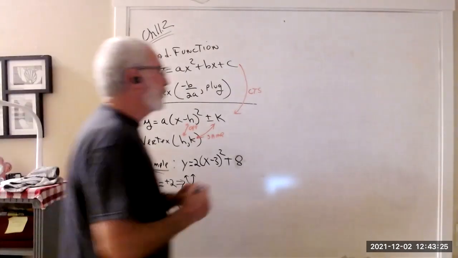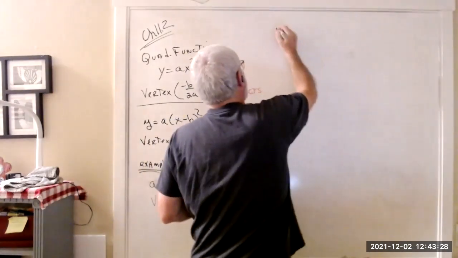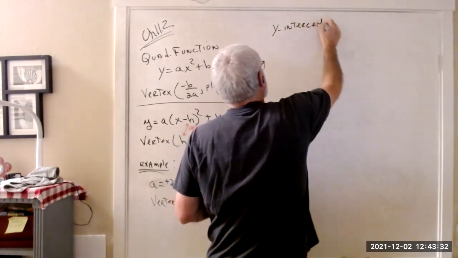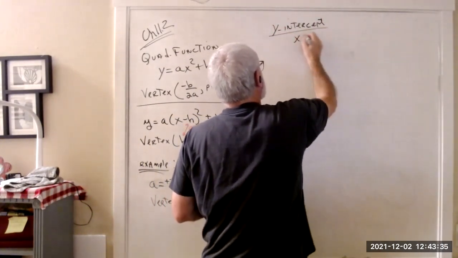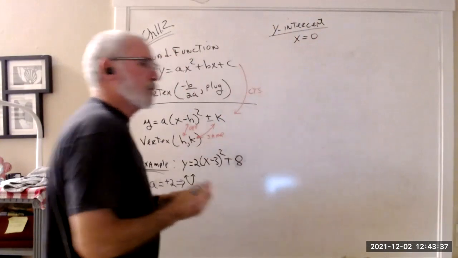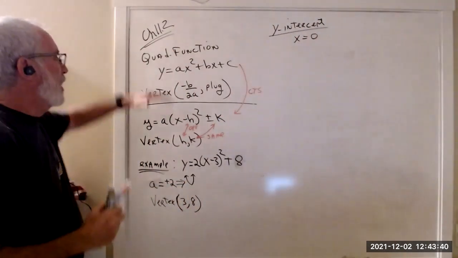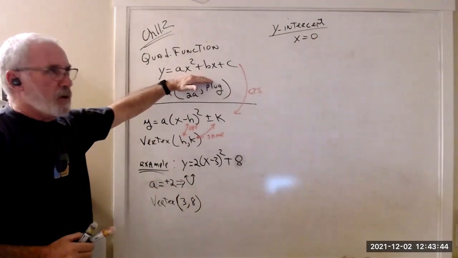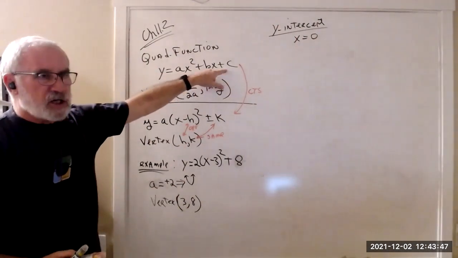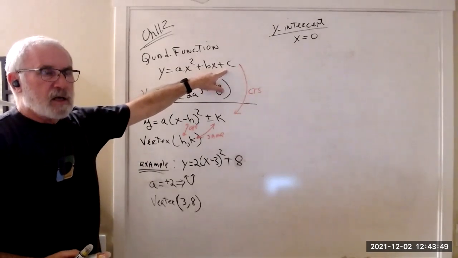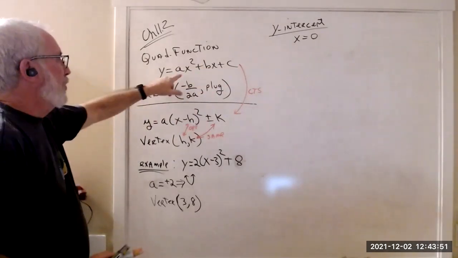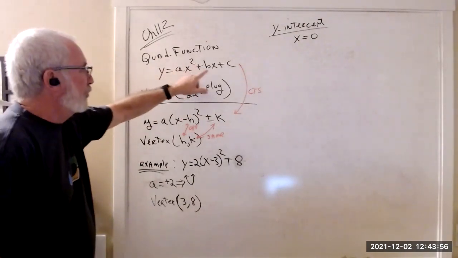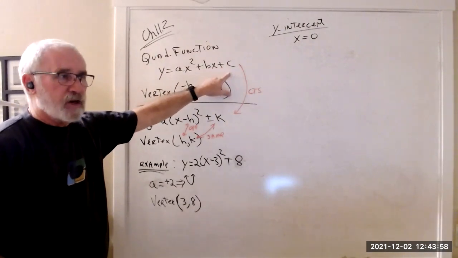So let's think about this. What if I said, what's the y-intercept? Well, that means x is 0. It was easy up here. I know some of you were probably rolling your eyes, going, well, the answer is c. But I was trying to show you that you plug 0 for x and do arithmetic. 0 plus 0 plus c equals c.